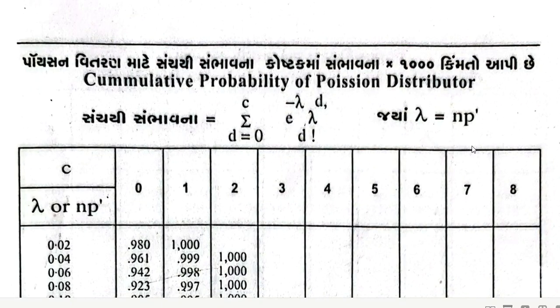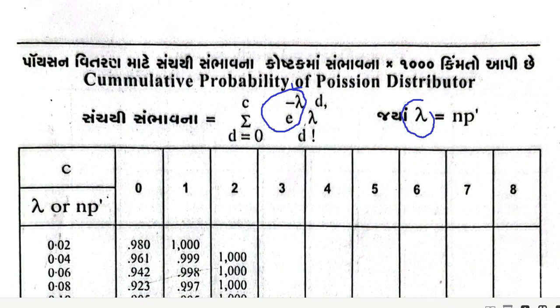Now, students, to calculate examples of Poisson distribution, we require values of e raised to minus m. Actually, from this mouse, I cannot write this properly, but let us understand how you can calculate the value of e raised to minus m.